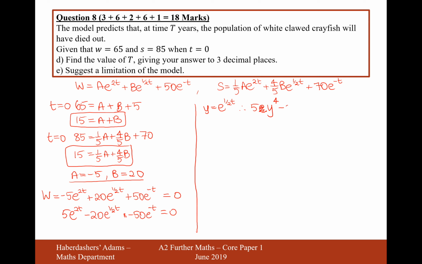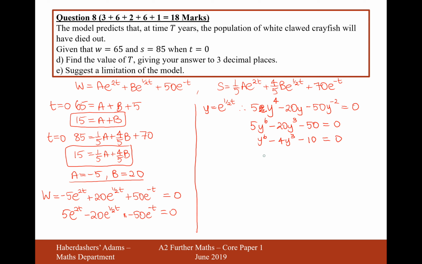Then it'd be minus 20y, and then it'd be minus 50. But this is e to the minus t, so that's going to have to be y to the minus 2, equals 0. Let's now times by y squared, and we're going to get 5y to the power of 6 minus 20y cubed minus 50 equals 0. Divide through by 5, we'll get y to the power of 6 minus 4y cubed minus 10 equals 0.